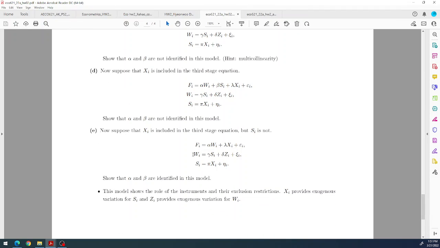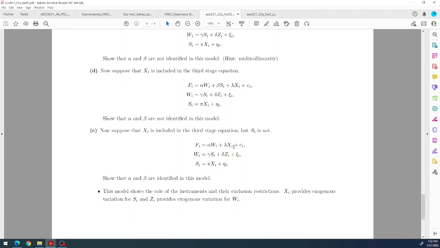Anyhow, the difference here is W depends on another endogenous variable, so we need another instrumental variable for that endogeneity. So in this case, beta does not exist, so beta is 0, so you just need to show alpha. And now it is clear, you just need to show exogeneity and full rank.